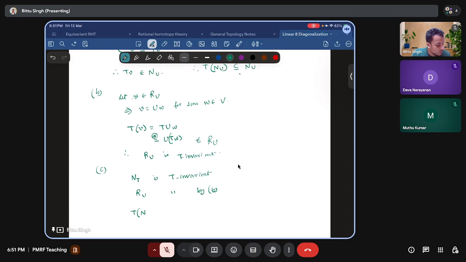It is true for any two vector spaces, U1 and U2.